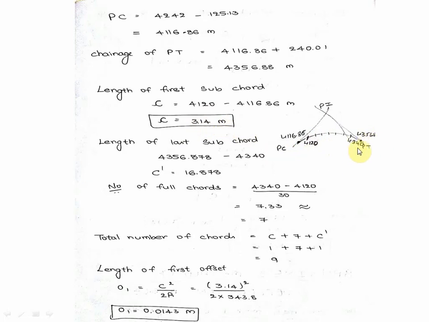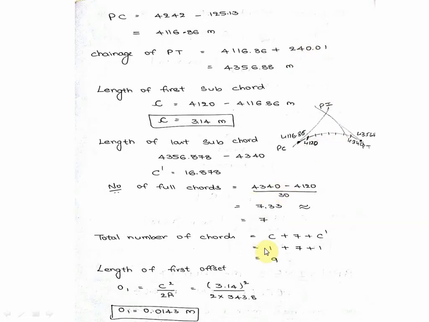Again, for the last subchord, you have to take the nearer round value, but it should not increase the length of curve when you add all the chord lengths. The chainage of the last point, that is PT, is 4356.87. So they have taken the last chainage as 4340, the nearer value. If you take 4350 here, the number of chords increases, and as the number of chords increases, the length will be greater than the calculated length of curve.